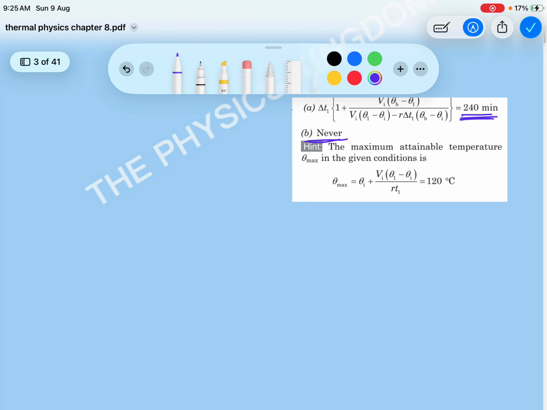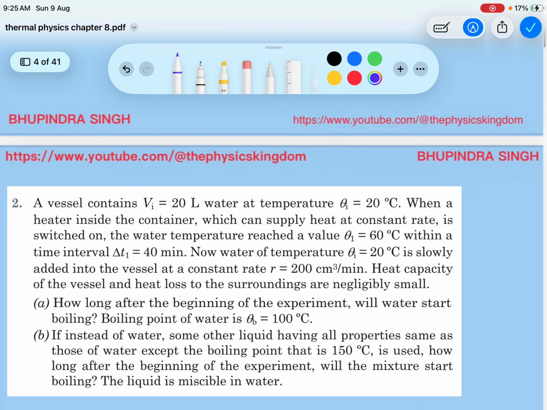So let's see what is actually the question, the language of the question. A vessel contains 20 liter of water at a temperature of 20 degrees Celsius. A heater inside the container, which can supply heat at a constant rate, is switched on, and the water temperature reaches a value of 60 degrees Celsius within a time interval of 40 minutes.